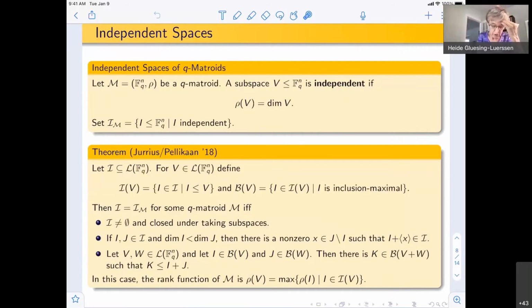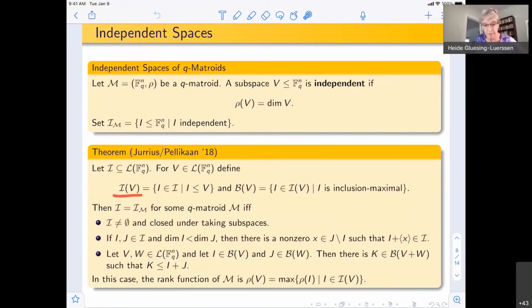We start with a collection of subspaces, just any collection, curly I. And to make the formulation a little simpler, I introduce the following. Curly I of V is the set of all subspaces in I contained in V. I is the putative independent spaces of the matroid, so I probably call them already independent.